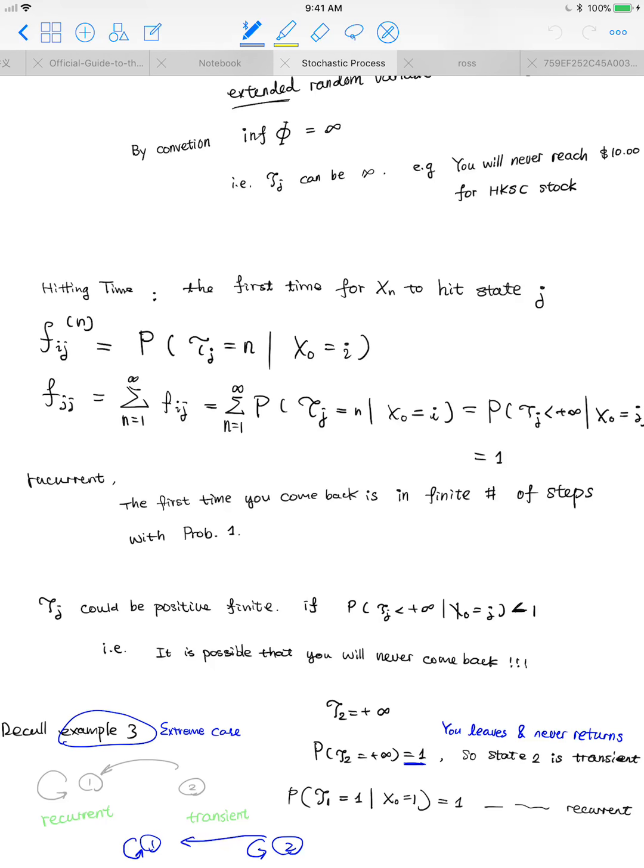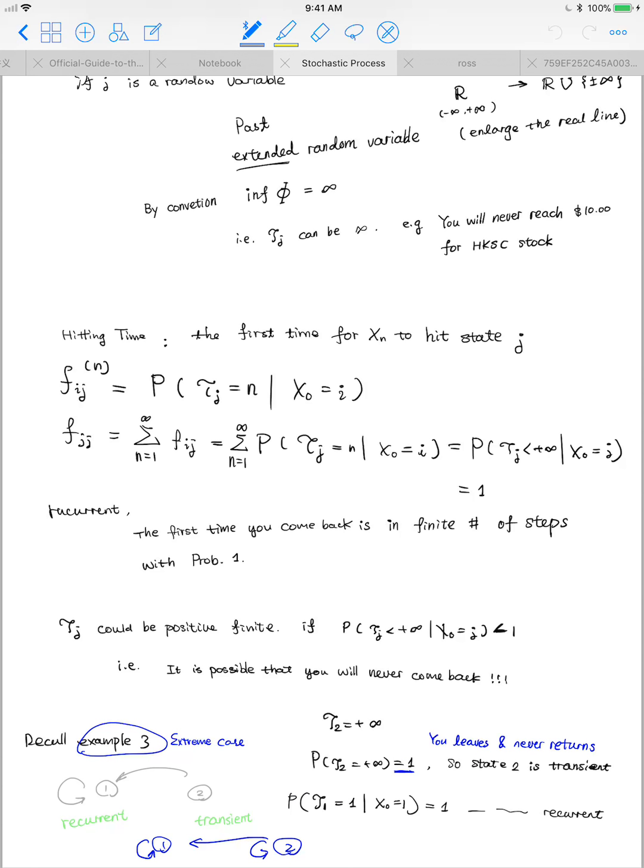So that helps us understand the definition of recurrent and transient. Recurrent means that with probability 1 you are coming back in a finite number of steps. In other words, you will always come back in a finite number of steps.